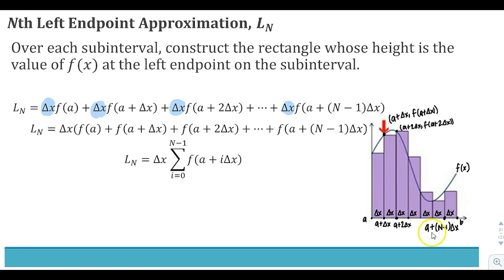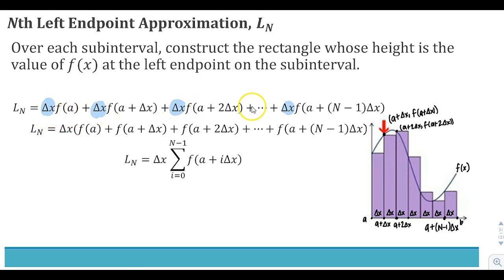That makes its height f of a plus n minus 1 delta x. That's the last height we're going to use. We're not going to use b because that would be a right endpoint, and we're using left endpoints only. So that's where we stop.